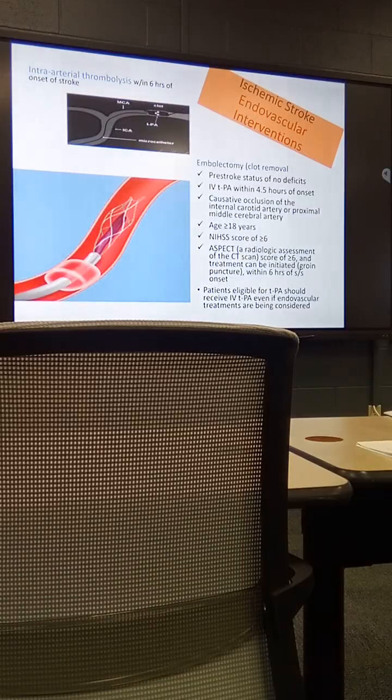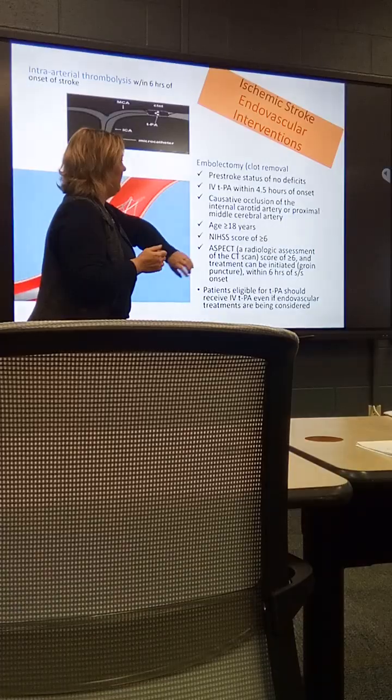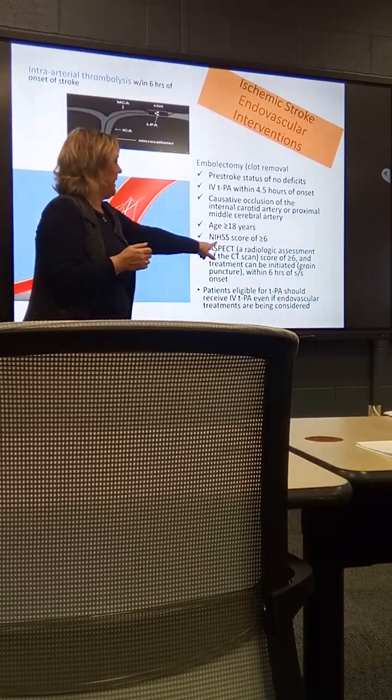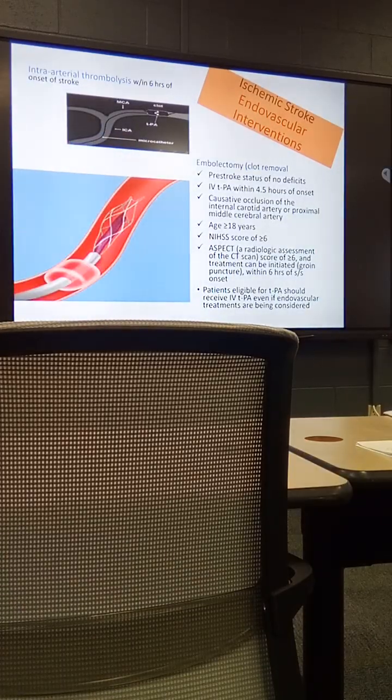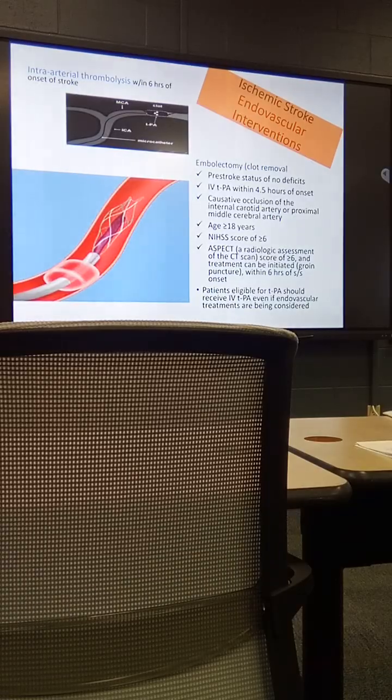These usually require the patient to be over the age of 18 with a stroke scale above 6. It really takes a lot of evaluation before they do this, just because of the high risk of these interventions.